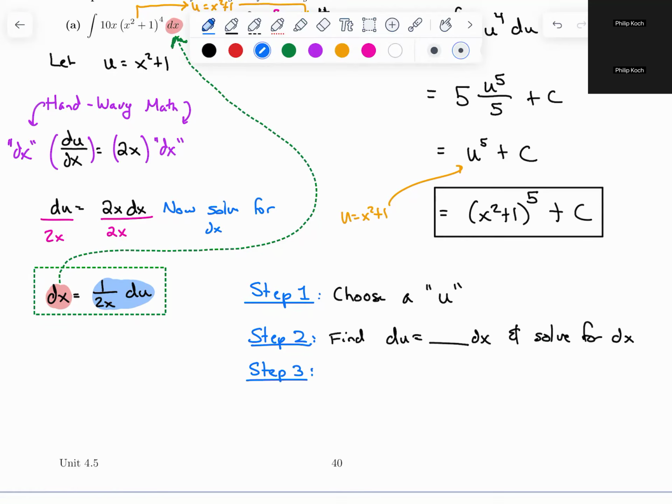You're always going to find the derivative and then multiply by dx to get it into the proper format. So it's always going to be du equals u prime. Let's write u prime here. Like that. And then solve for dx so that you can substitute it into the original. That's the next step.